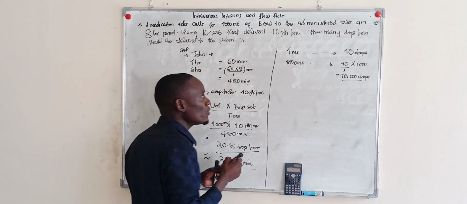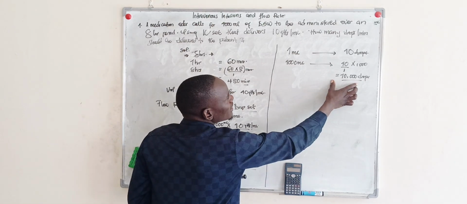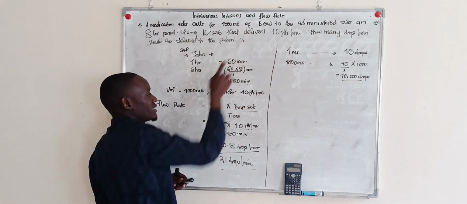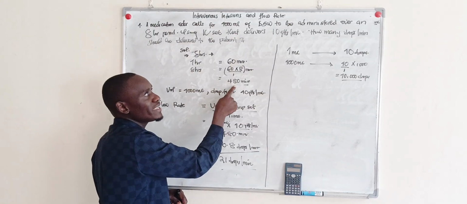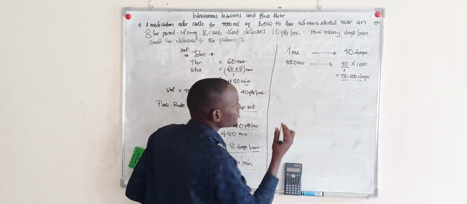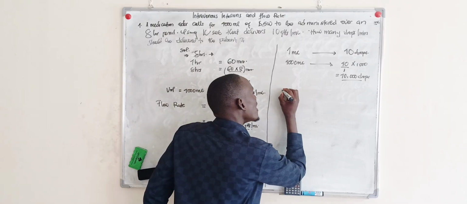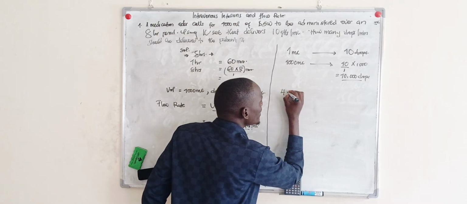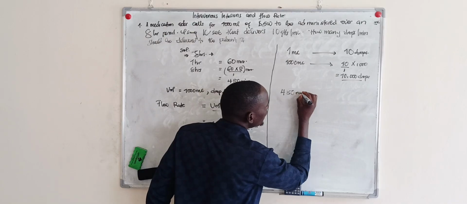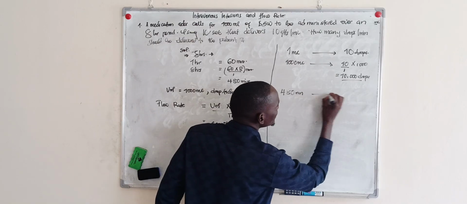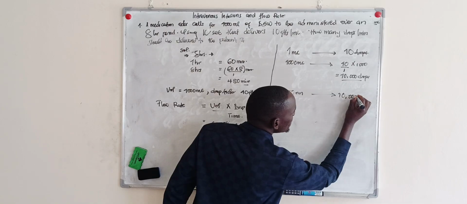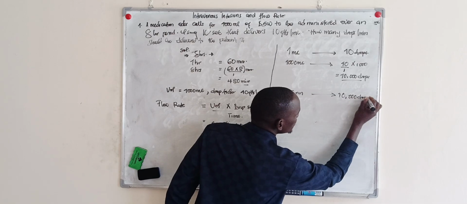But these 10,000 drops are in how many minutes? The 480. So that means that in 480 minutes we deliver 10,000 drops.